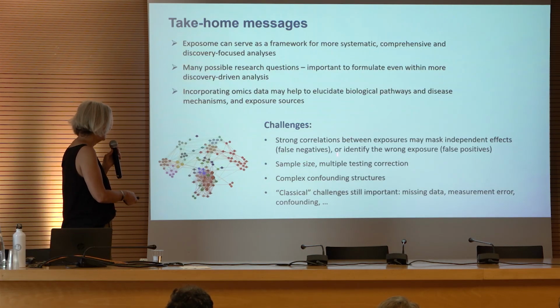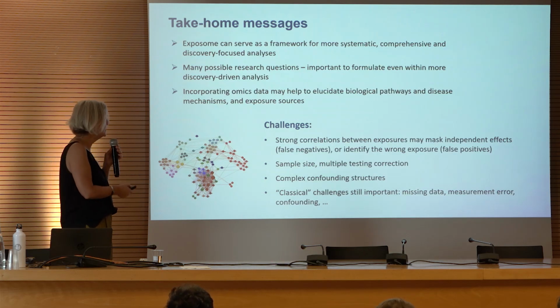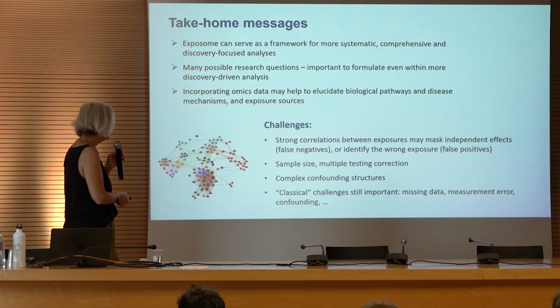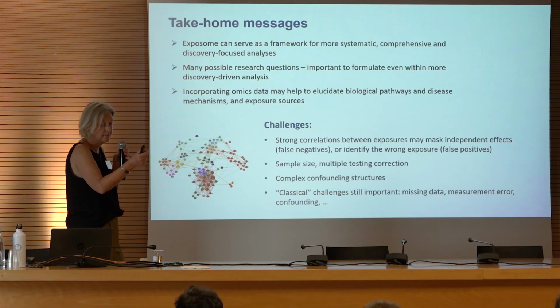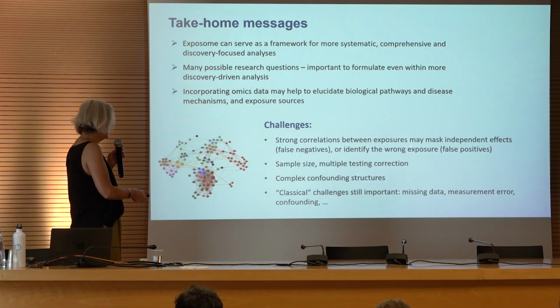You can get false negatives, which means you don't detect the true associations. Because of those correlations, you might pick the wrong exposure, so that you can get false positives.